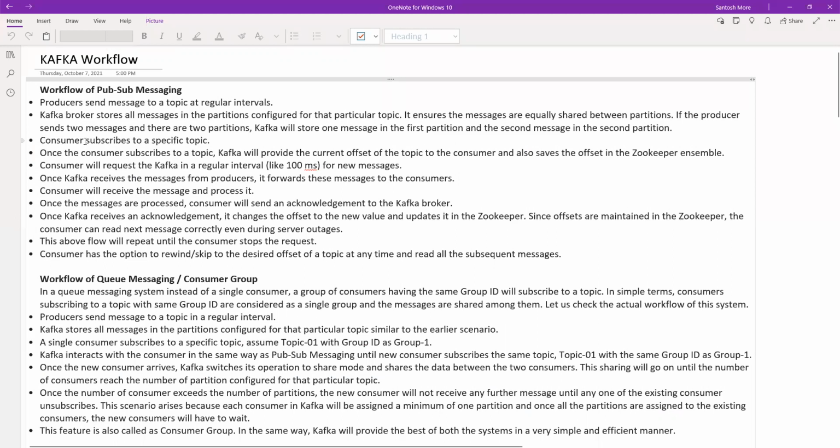Then we all know how a consumer subscribes to a specific topic. Once the consumer subscribes to a topic, Kafka will provide the current offset of the topic to the consumer, and also save the offset in the Zookeeper ensemble. That is the way it remembers the offset.